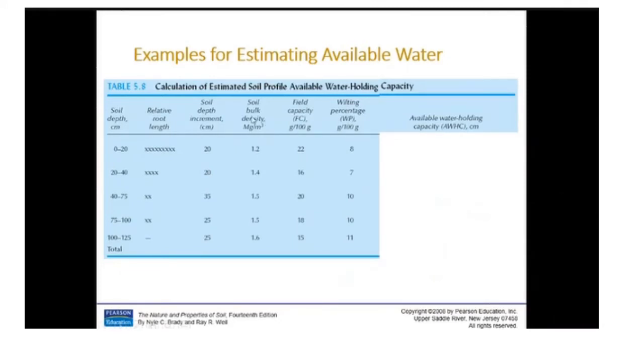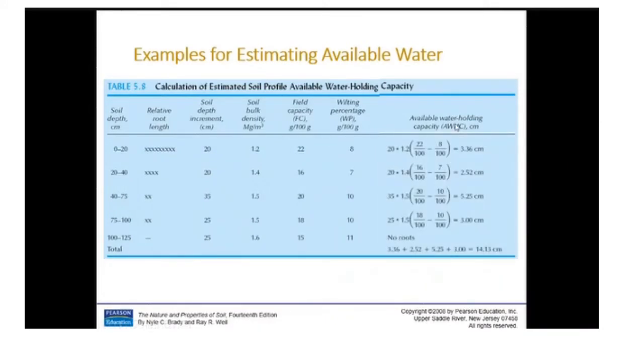You can convert it from megagram per meter cubed to gram per centimeter cubed. If you convert it, you will see that it has the same unit. So 1 gram per centimeter cubed is equal to 1 megagram per meter cubed. And then you multiply it by the depth, and that gives you the depth of the available water. So basically, as you see here, it's simple. First, you calculate the available water, divide by 100.